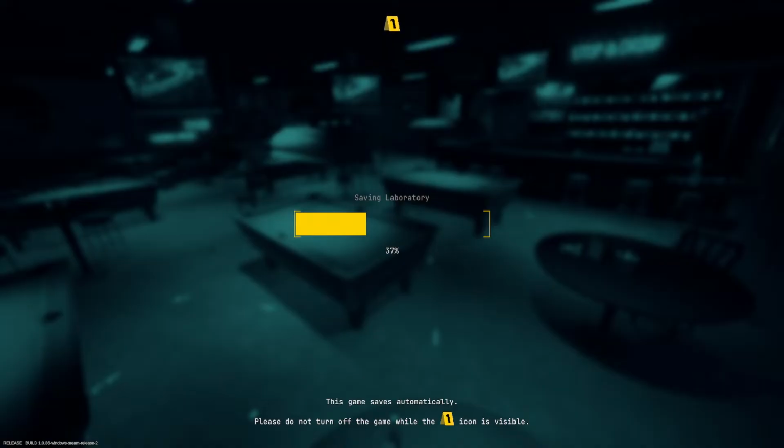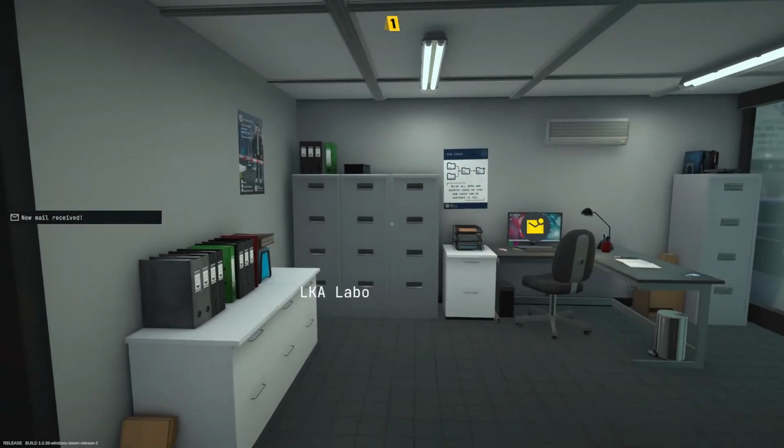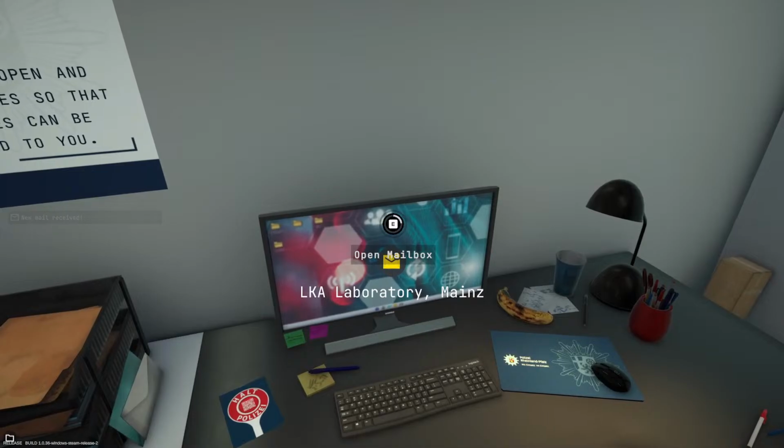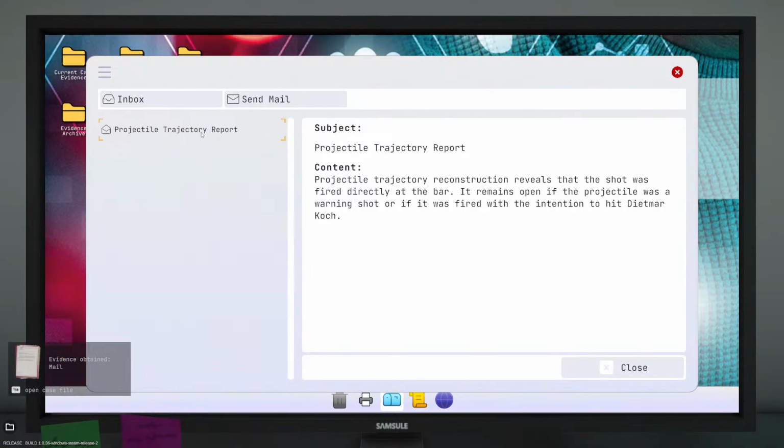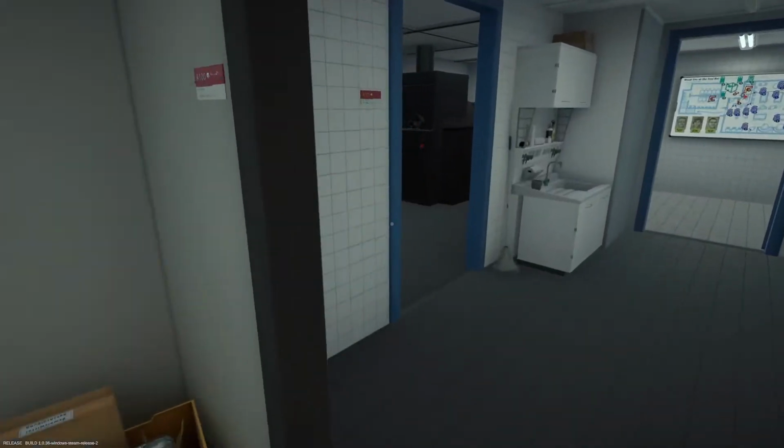We'll test the guns to see if the projectile matches. Okay, projectile trajectory reconstruction reveals that the shot was fired directly at the bar. It remains open if the projectile was a warning shot or if it was fired with the intention to hit Kosh.